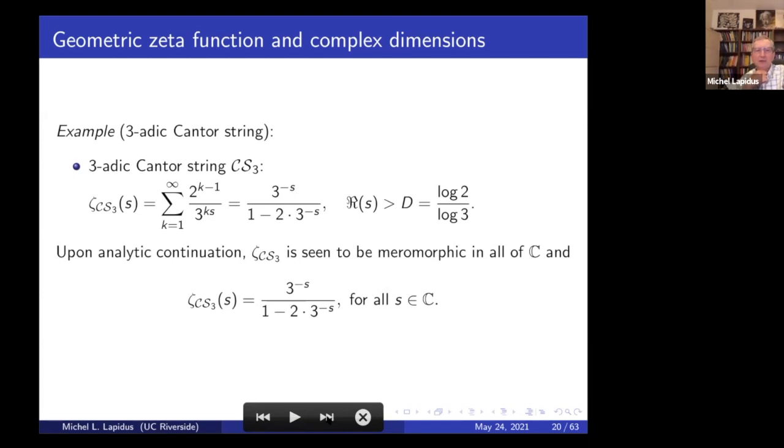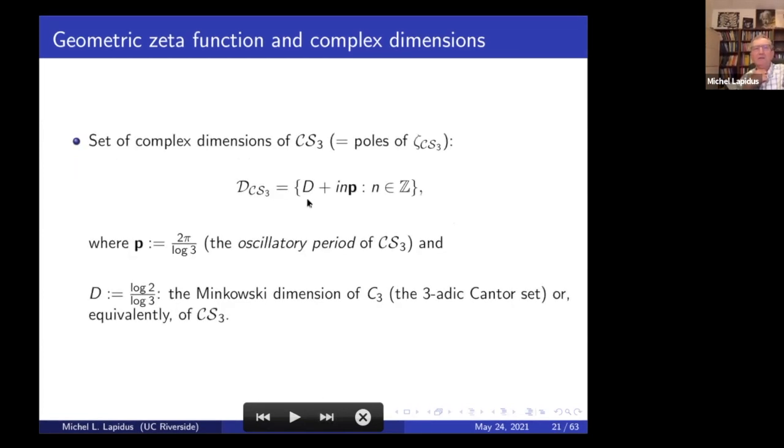And when you solve this equation, 3 to the s equals 2, you immediately find that the set of complex dimensions is the set of D plus i n p, where p is called the oscillatory period of the ternary Cantor string or the p-adic Cantor string, and it's 2 pi over log 3. And D is the Minkowski dimension, as we said, of the p-adic Cantor string, but it can also be shown it's equal to the Minkowski dimension of the p-adic Cantor set defined earlier.